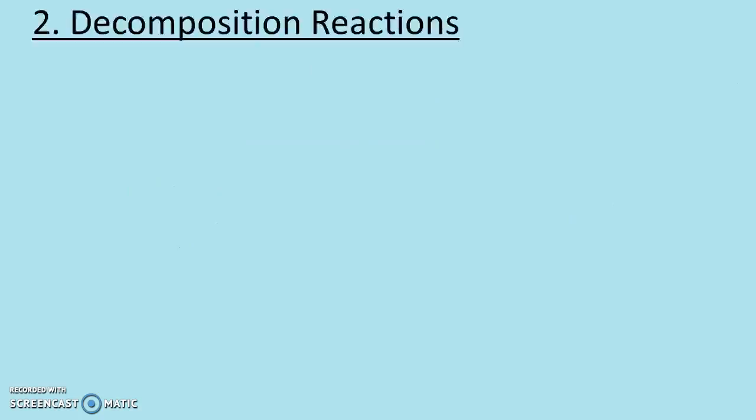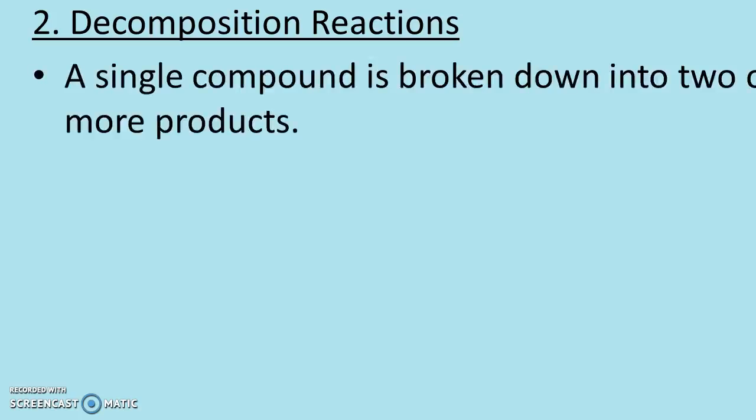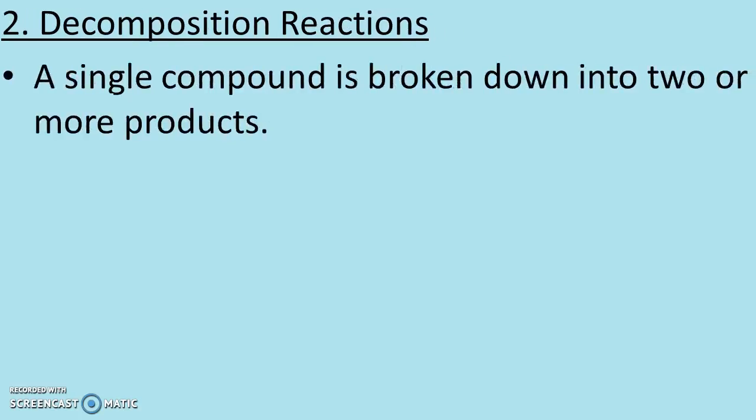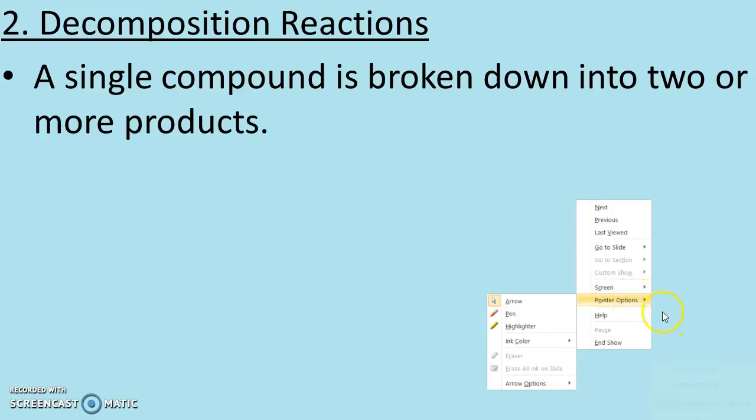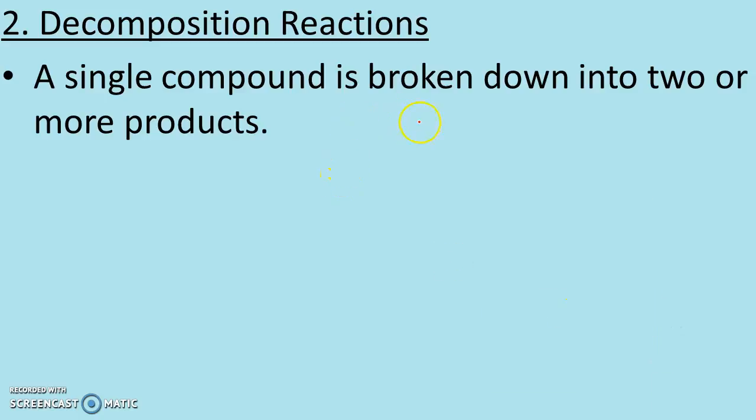Next type, decomposition reaction. So when you think of decomposition, you probably think of decay, breaking down, and that's perfect. So our definition for a decomposition reaction is a single compound is broken down into two or more products. So one thing breaking down into two things. It's exactly the opposite of a synthesis reaction. So for our formula here, it's going to be the exact opposite.